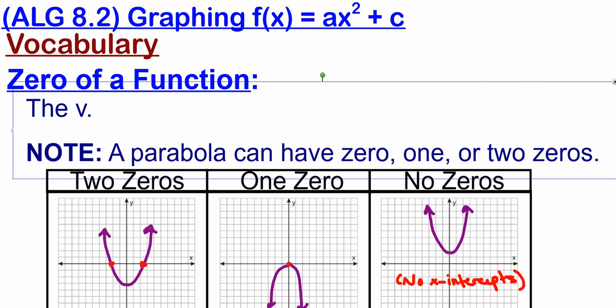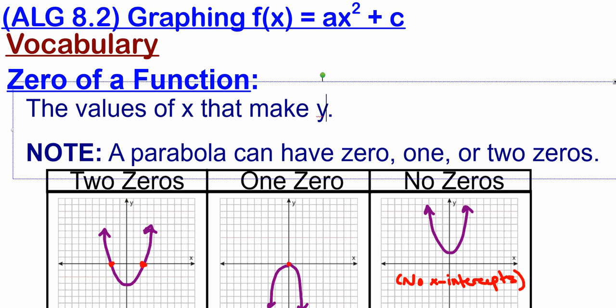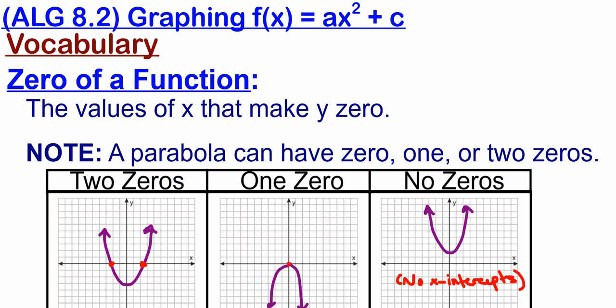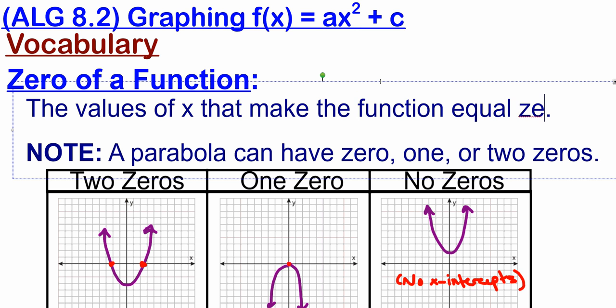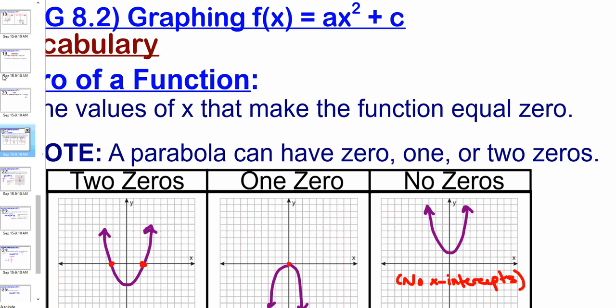I'm going to say the values of x that make y 0. Or I could say the values of x that make the function equal 0.